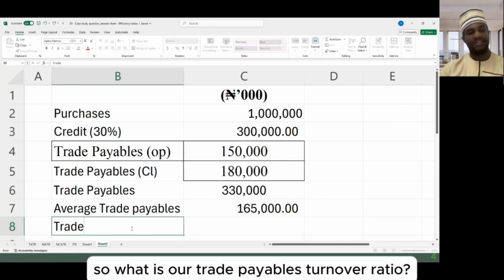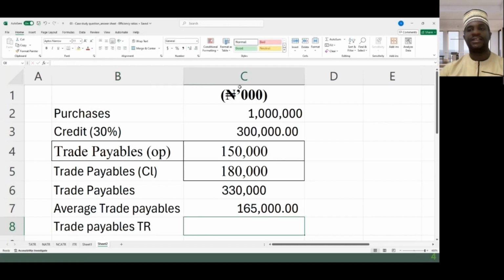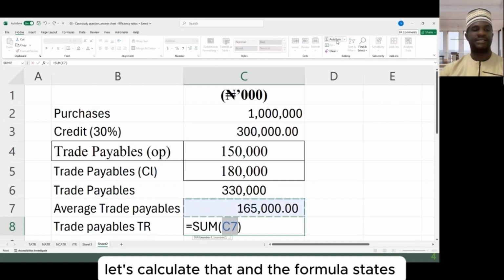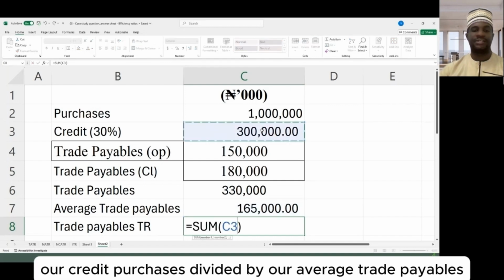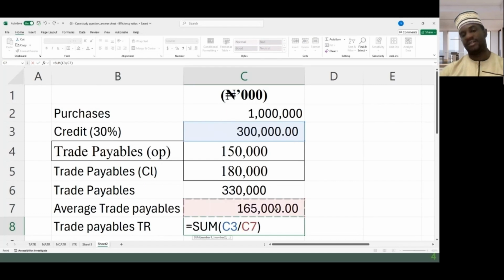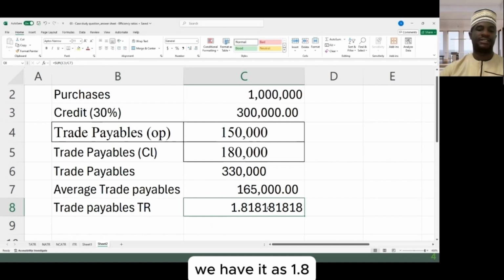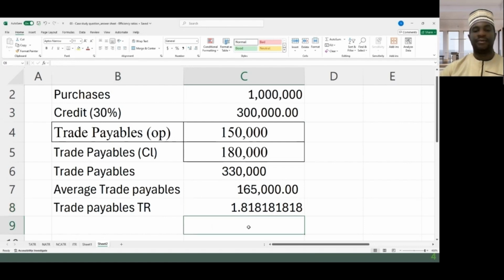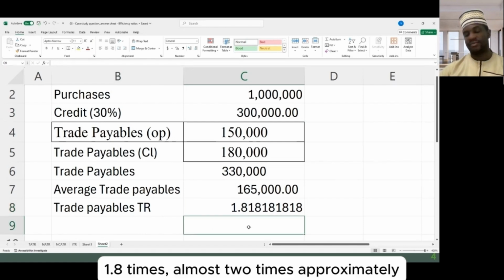So what is our trade payables turnover ratio? Let's calculate that out. Formula states our credit purchases divided by average trade payables. We have it as 1.81 times, almost 2 times approximately.